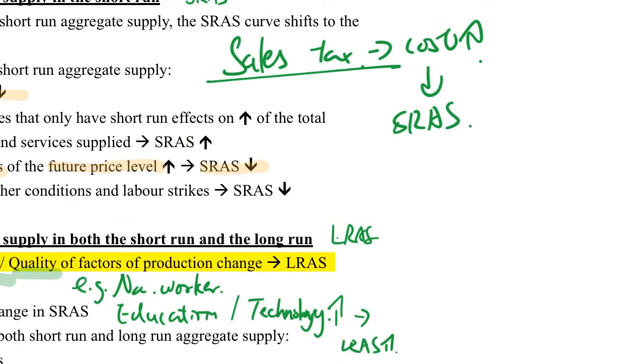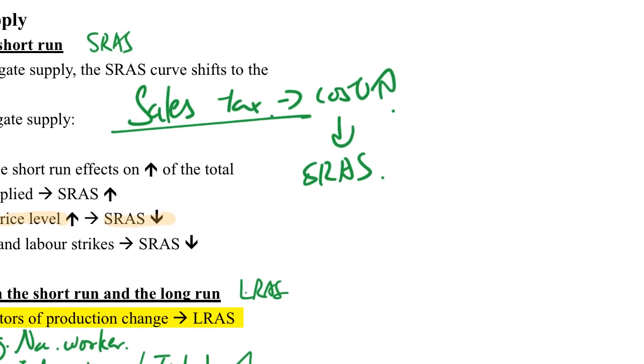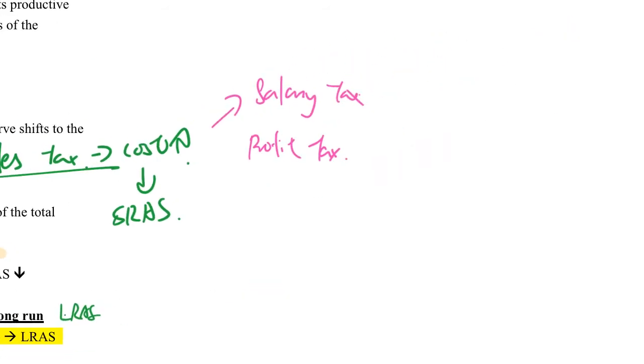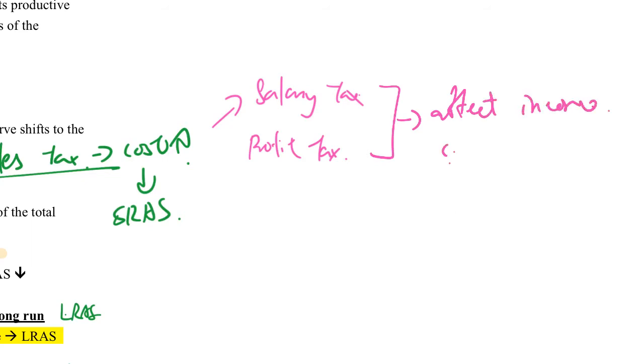SRAS, okay. And there's another confusion. That's about another tax rate. For example, if we're talking about the salary tax, or the profit tax, these taxes will affect the income of the firm or the individuals, that means the households.